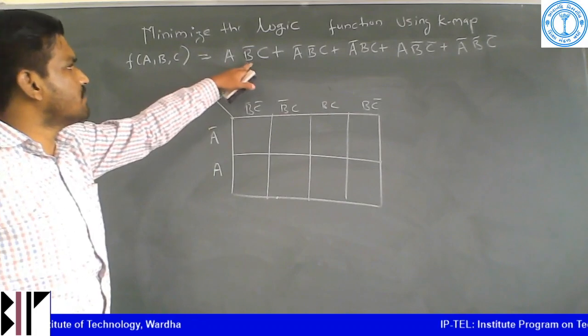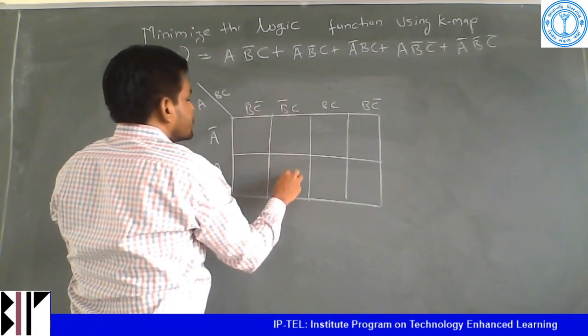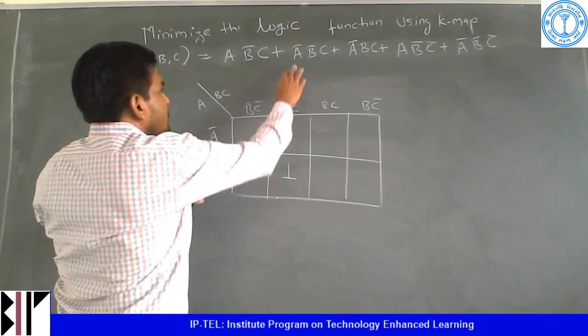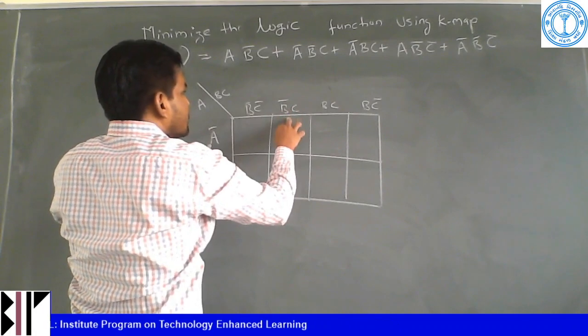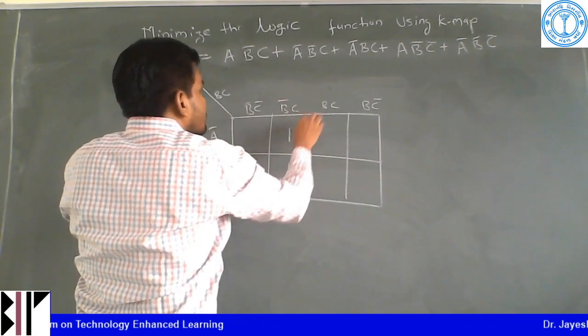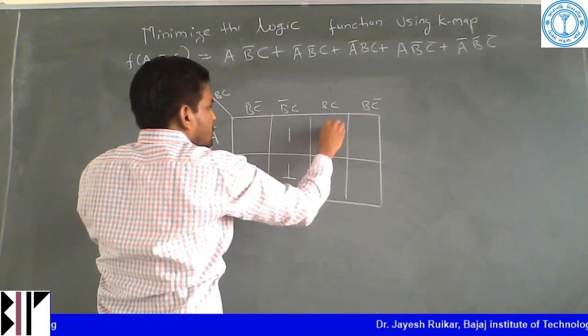So A B bar C, here I am writing 1. Then A bar B bar C, here I am writing 1. B C, this is my A bar term and this is B C term, so here I write 1.